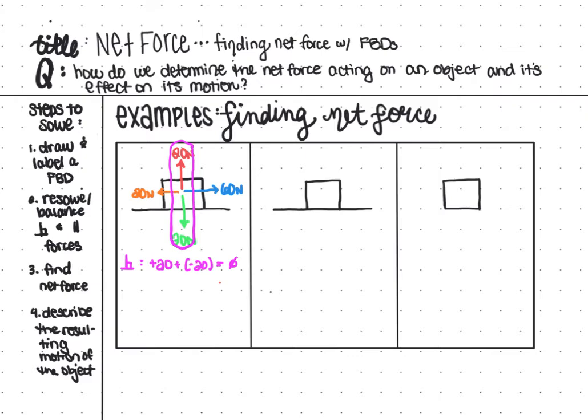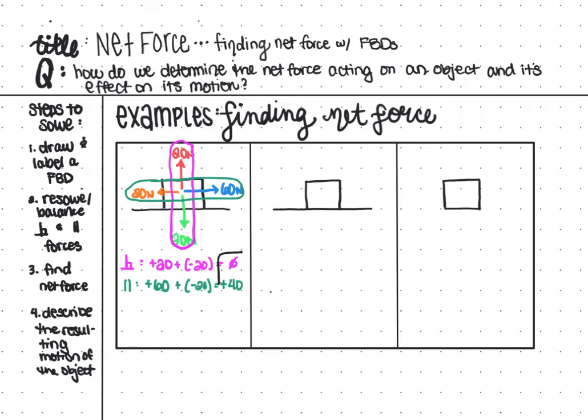Next, since there wasn't anything there, I move on to the parallel forces. So in this case, I'm resolving these two here. So for parallel forces, I have a positive 60 to the right plus negative 20 to the left, which leaves me with positive 40.